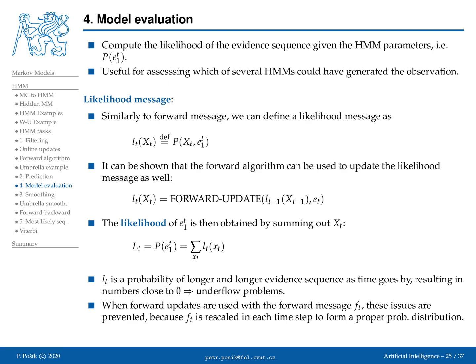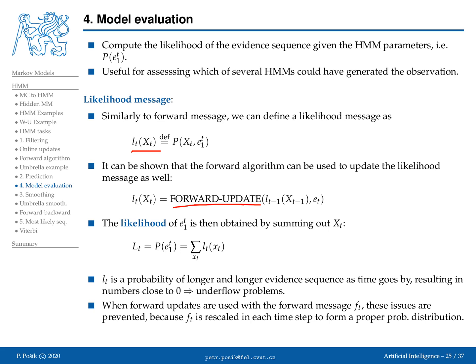likelihood of the model given the data. And I will just say this, that instead of the forward message that was used in the forward algorithm for computing the distribution over the hidden states, you can now pass through the forward algorithm the so-called likelihood message.